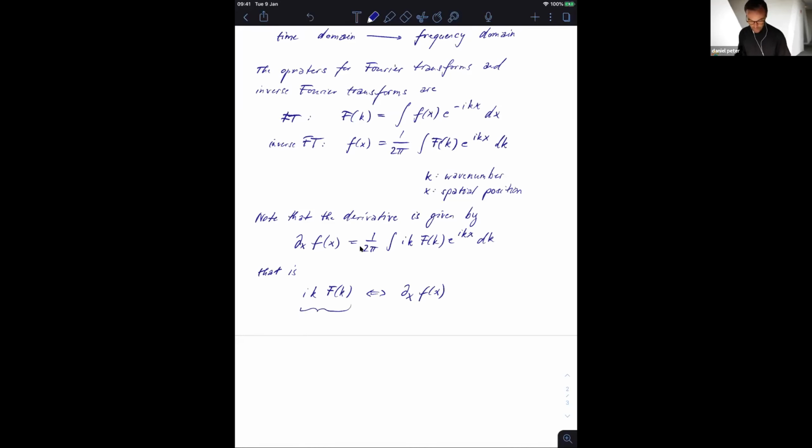So you see this is wave number domain. Taking the derivative is much simpler in the wave number domain than in the spatial domain.